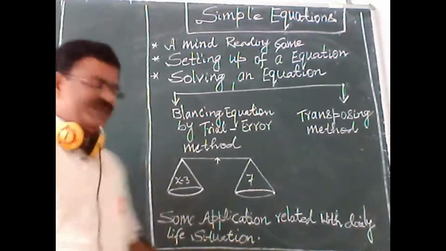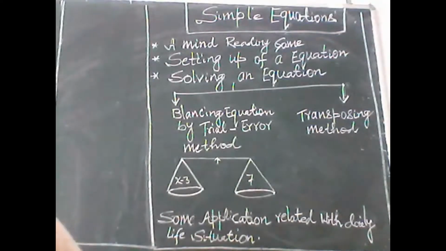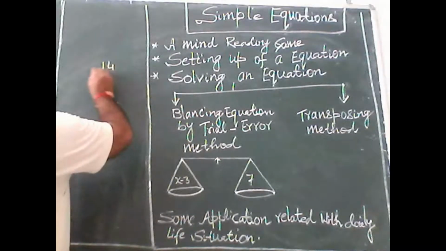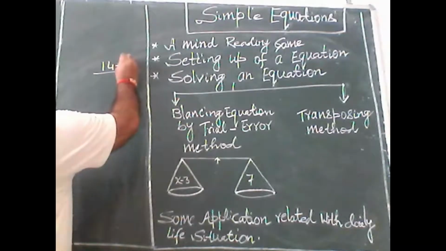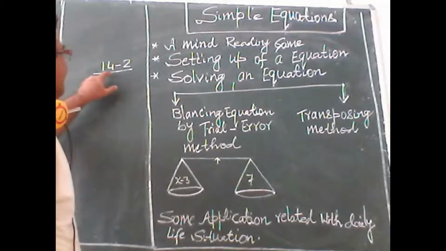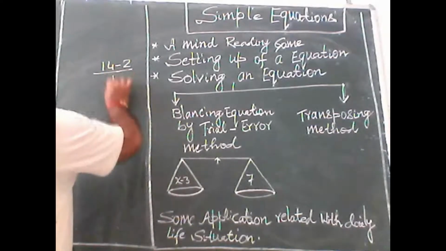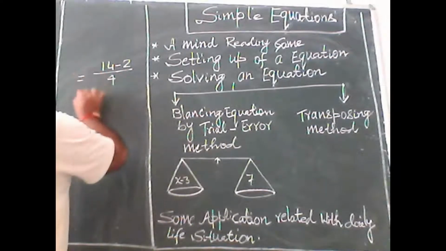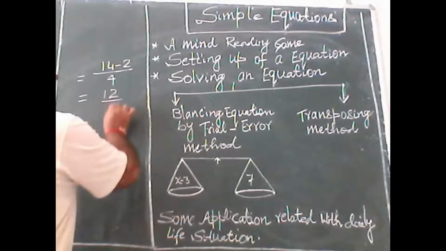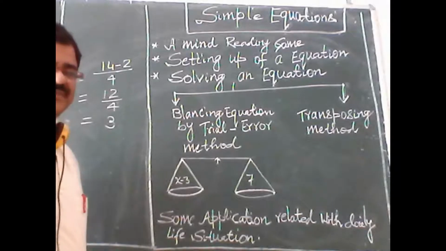Obviously, if the result is 14, then this 14 should be subtracted by 2. Why? Because they had added. So Radhika subtracted 2 from the result and divided by 4. What will happen? 12 divided by 4 gives 3, the number taken.